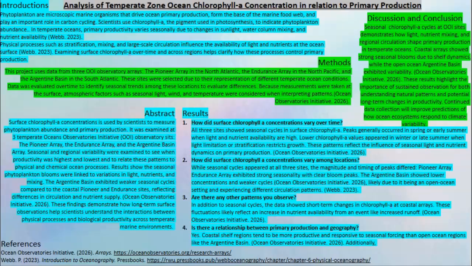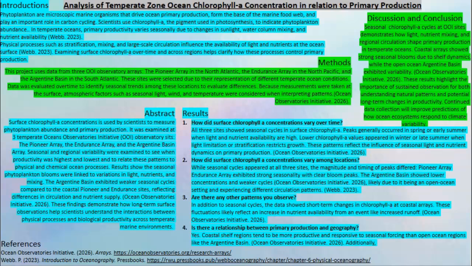To do this, surface chlorophyll A data from the Ocean Observatories Initiative, or OOI, was analyzed from 3 observatory arrays located in different temperate ocean environments. The Pioneer Array is located in the North Atlantic and represents a temperate coastal shelf system.